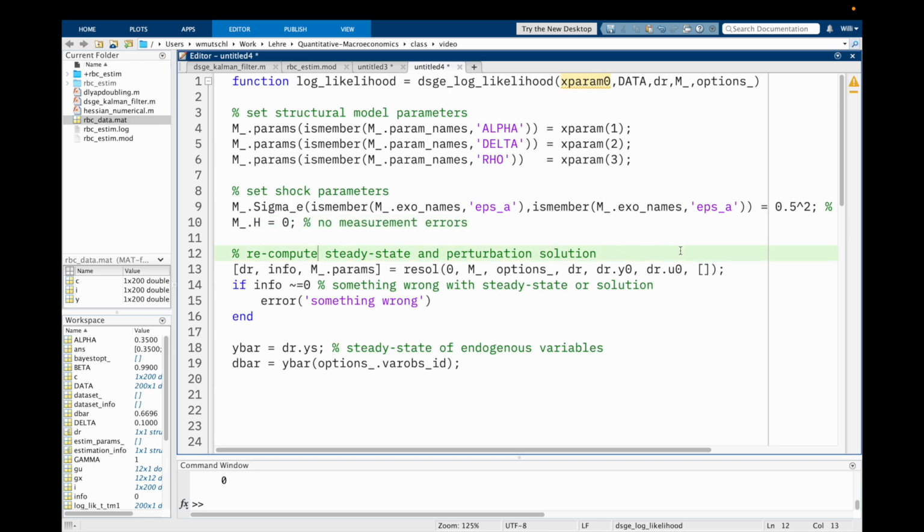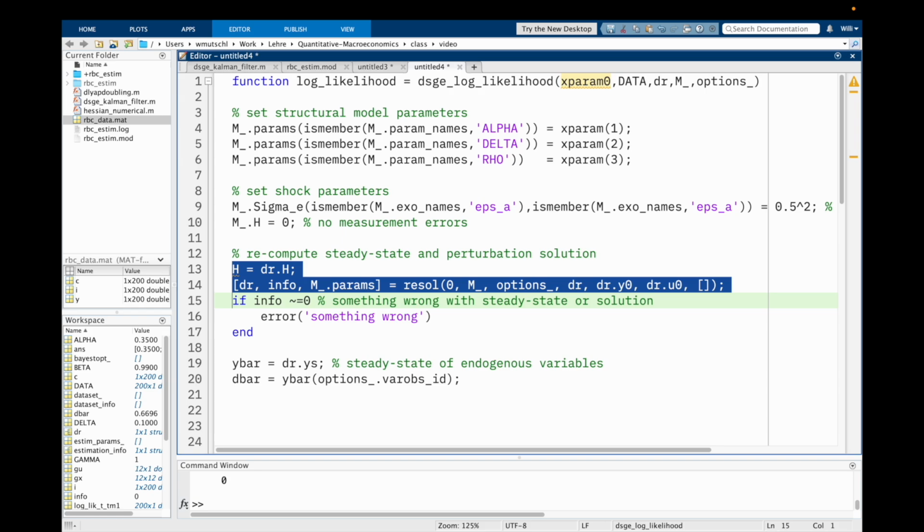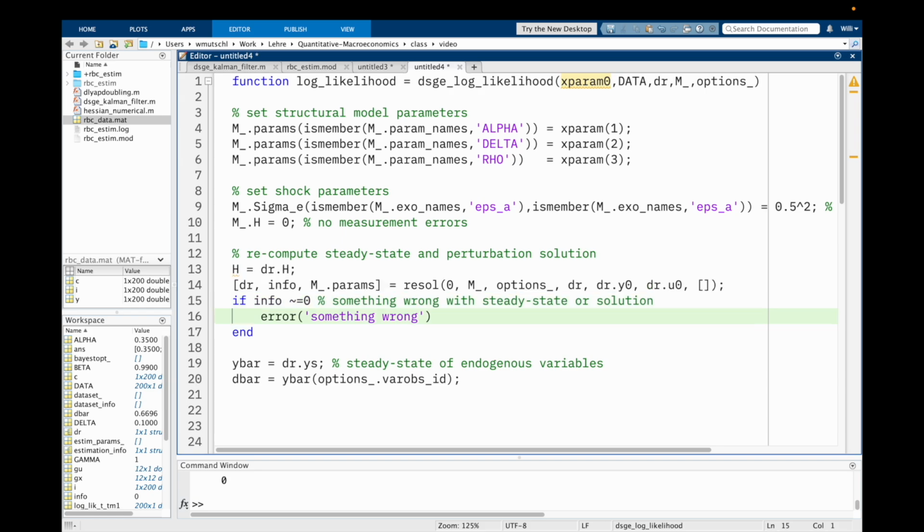Now we need to recompute the steady state and the perturbation solution. Note that the R goes in here and the R comes out here. The H matrix, let me store that because it gets overwritten. So this solves the model, and if something is wrong, I'm going to put a penalty on my log likelihood.